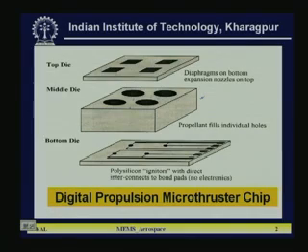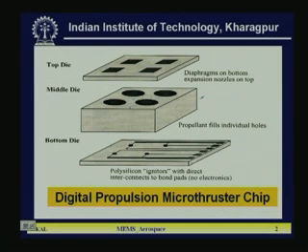By an external selective circuit you can control this complete device. That is why it is known as the digital propulsion microthruster chip. The option is there of selective ignition and selective ejection of the propellant through a particular diaphragm.